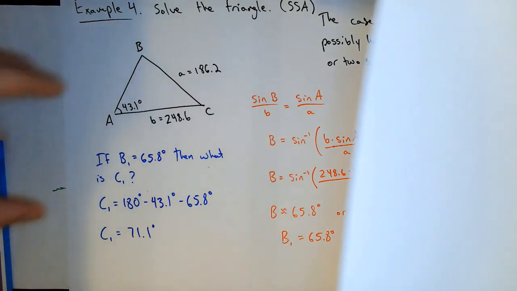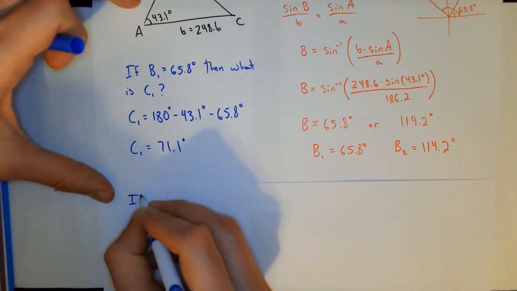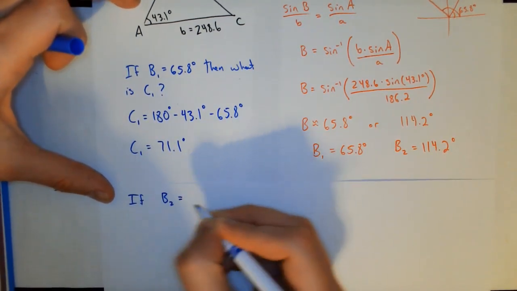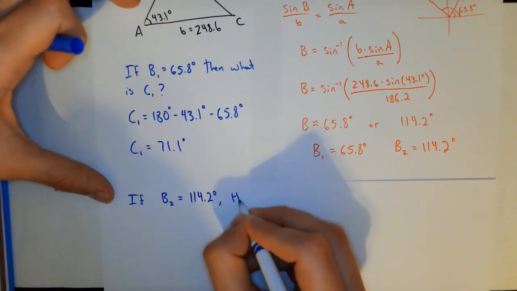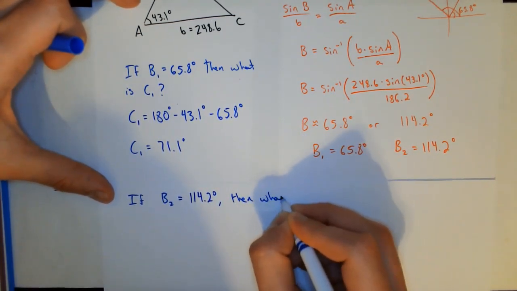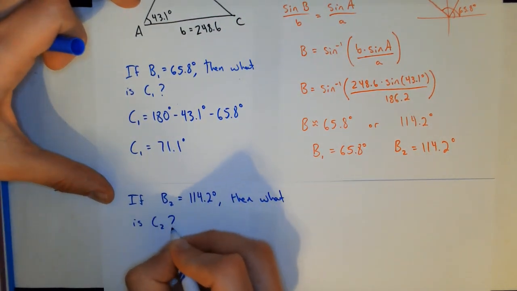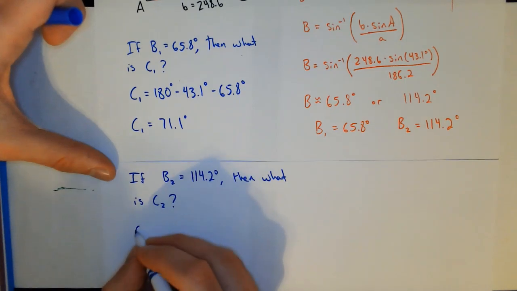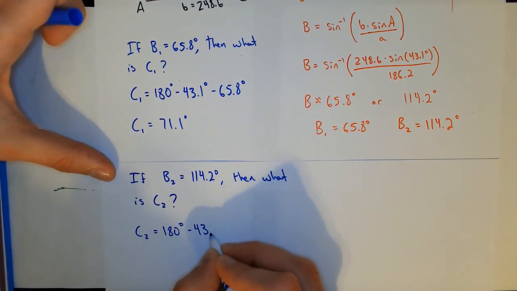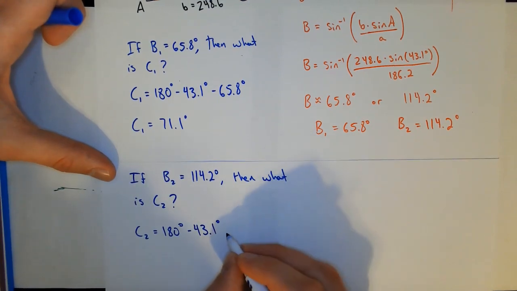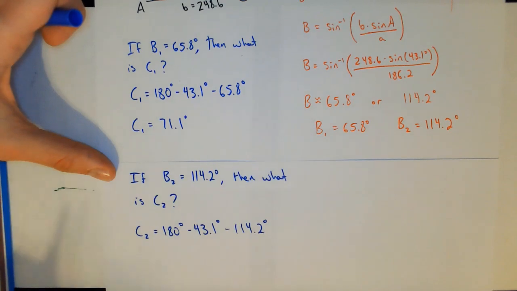What about the B2 case? If B2 is equal to 114.2 degrees, then what is C2? Well, C2 should be equal to 180 degrees minus the angle A, which is the same, and then minus this. Now, is this going to be a problem?